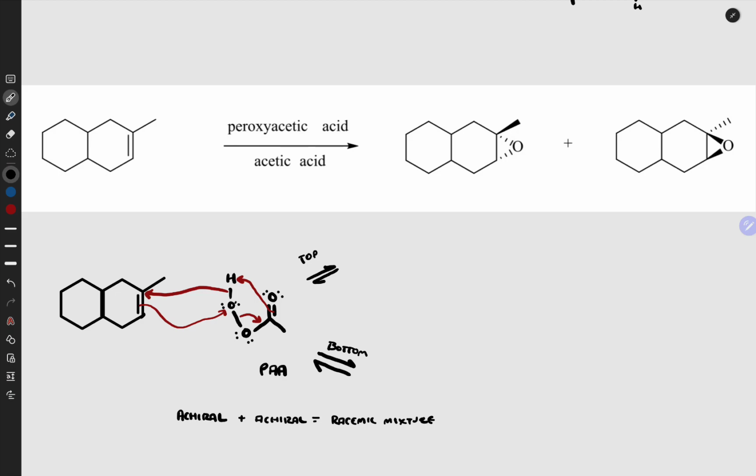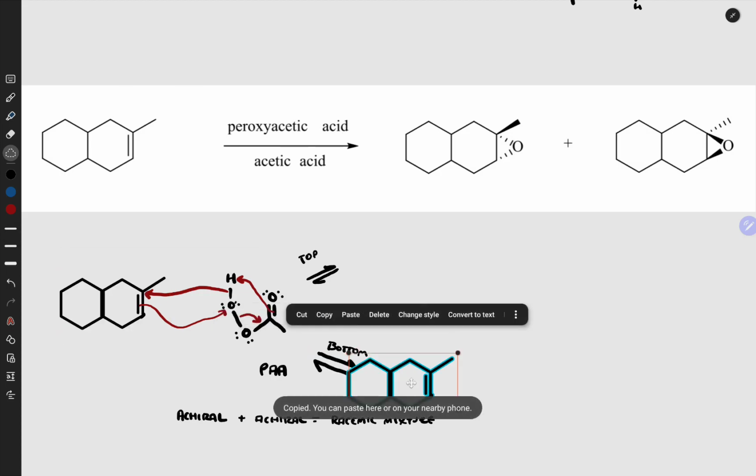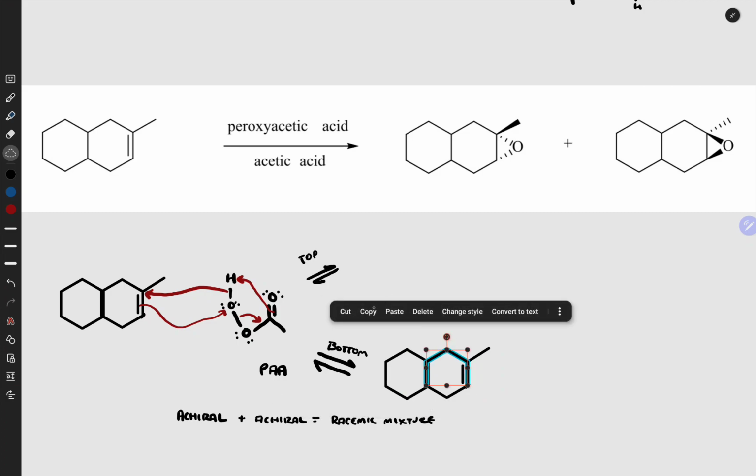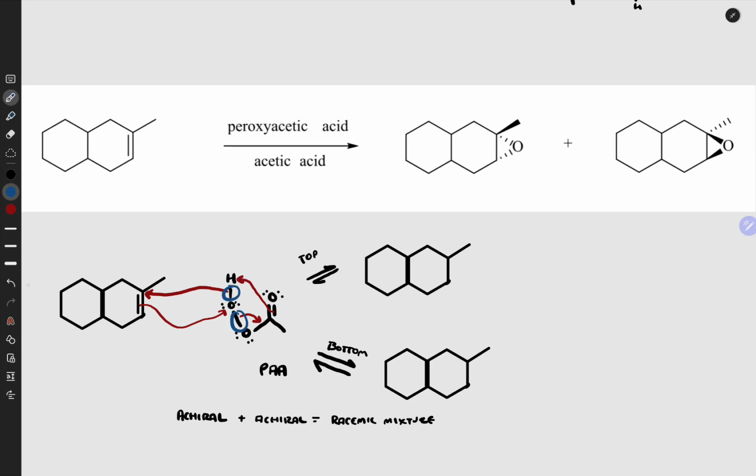All right, so with that knowledge, let's go into it. Let me just copy and paste this, that'd be a lot easier. Copy, paste. Okay. So we know that this oxygen right here, this bond and this bond, are then connected to where the alkene was.